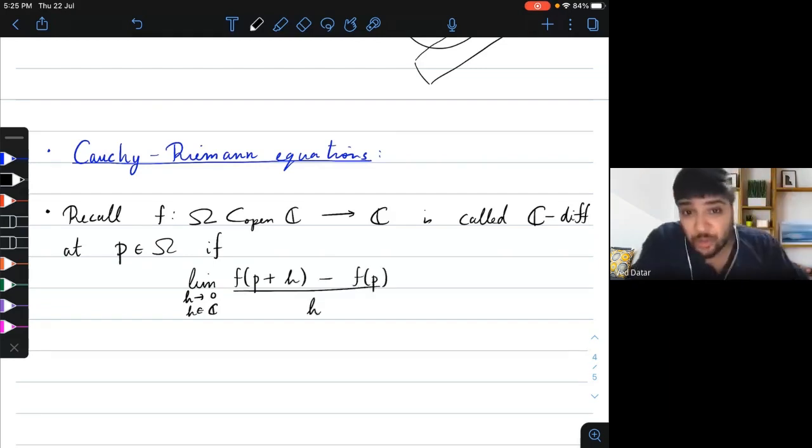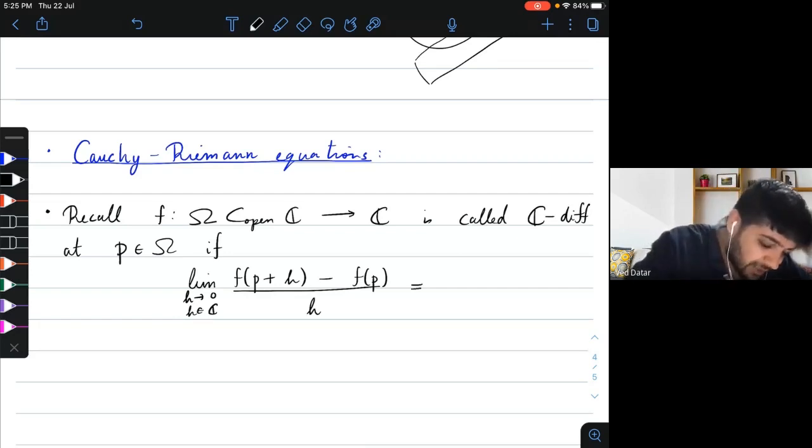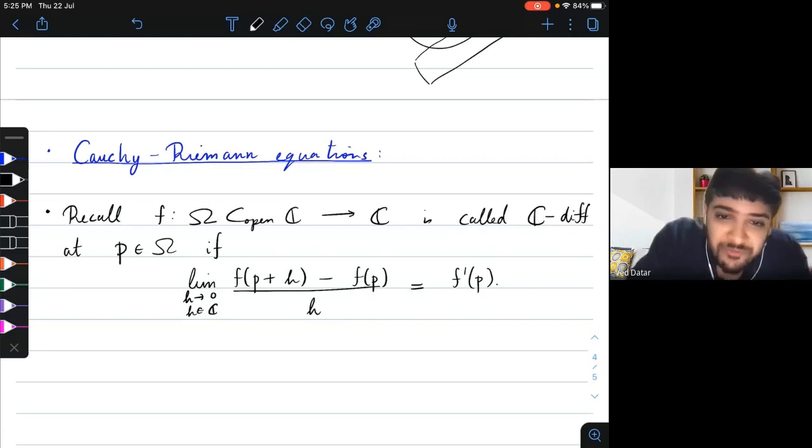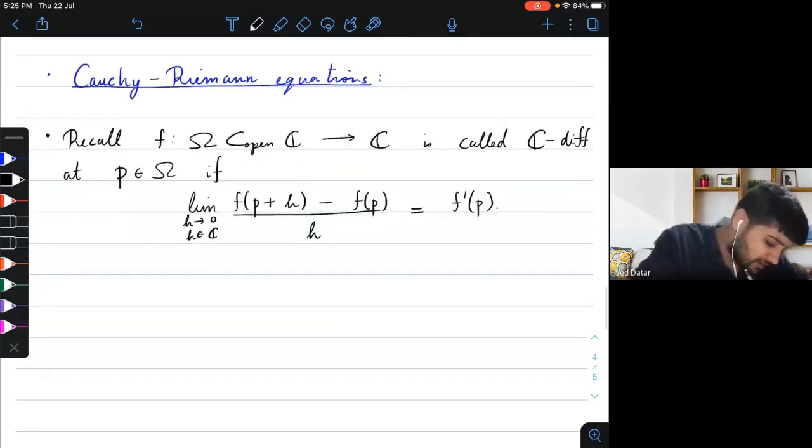Now h is allowed to be a complex number, and we call this limit the complex derivative of f at p.